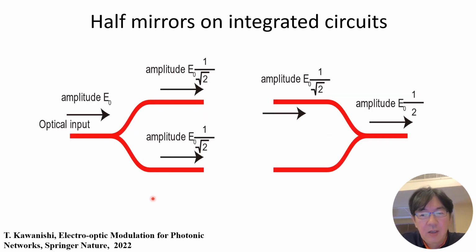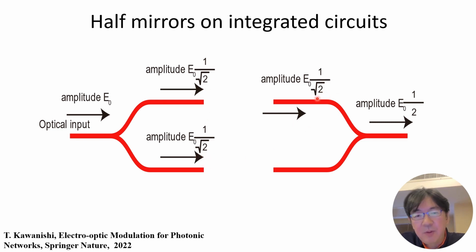Okay, here I'd like to talk about the amplitude of the light waves at the Y junctions. Here's an optical input. The light wave is divided into two. So the amplitude here will be described by this equation, 1 over square root 2 here.